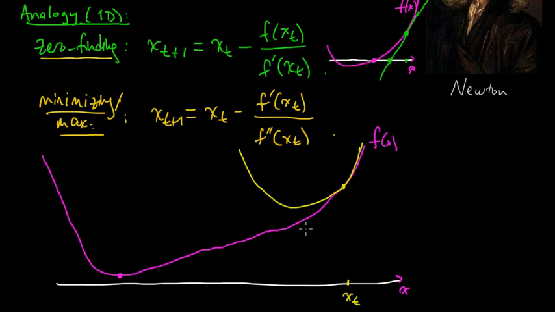That's supposed to be a quadratic. It's supposed to be symmetric. It's supposed to be sort of like x squared, but shifted. And then you minimize that. So if I had drawn it appropriately, the minimum would be right about there. And you take xt plus 1 to be the minimum of this second order approximation.